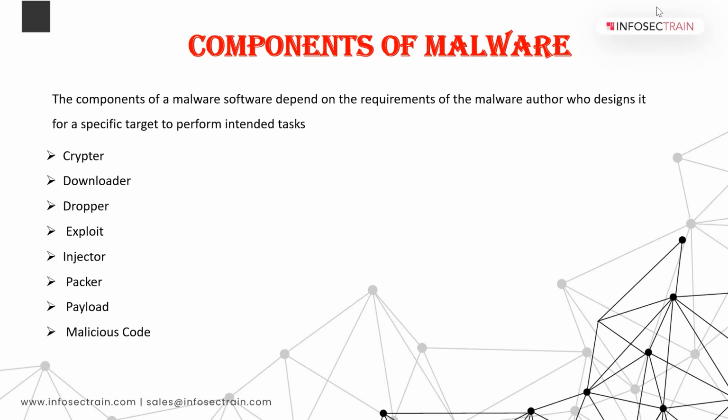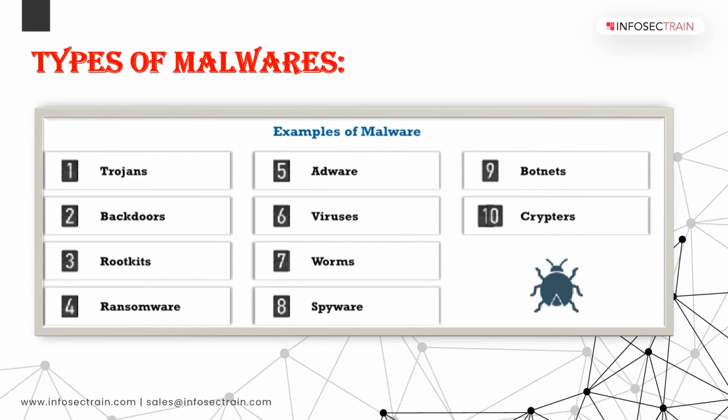And it can take different content also, and that is malicious code. So these are the components of malwares. Yes, you can see on the screen, we have different types of malwares, right?